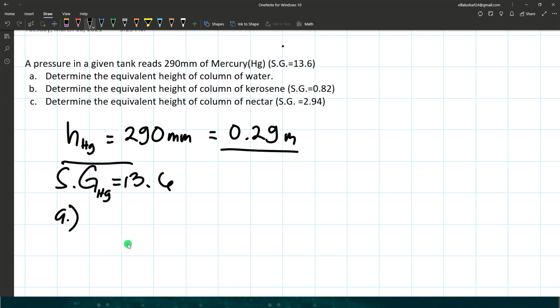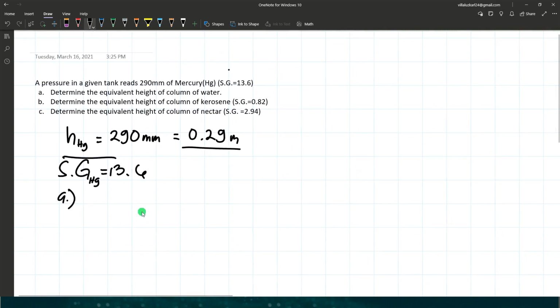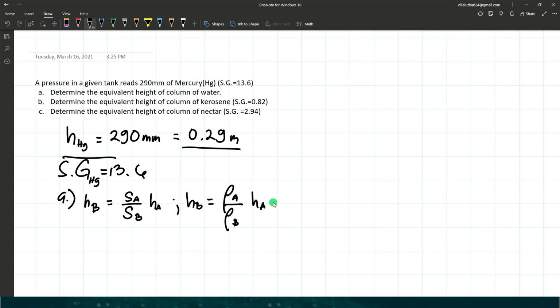So the solutions here, we have three solutions from the discussion earlier. The solutions are, if we are to convert the pressure head of liquid A to liquid B, we use the ratio of its specific gravity, or we can use the ratio of mass density and unit weight.